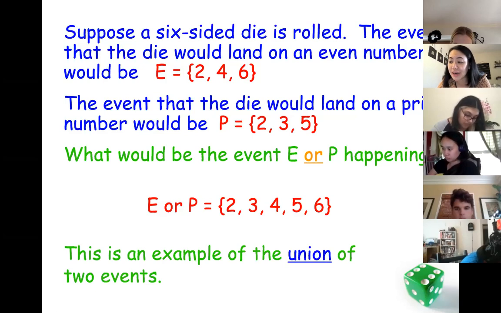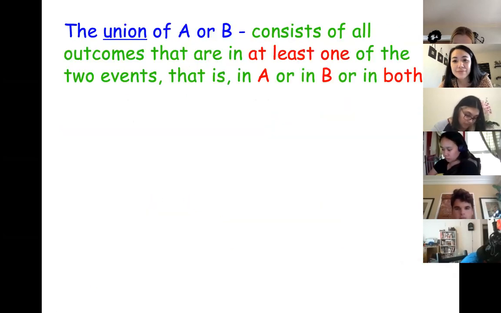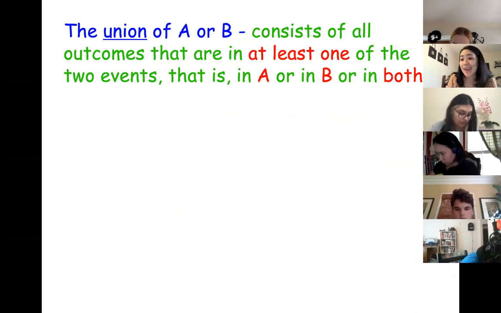The union of A or B consists of all outcomes that are in at least one of the two events, meaning it can be in A, just in B, or in both.